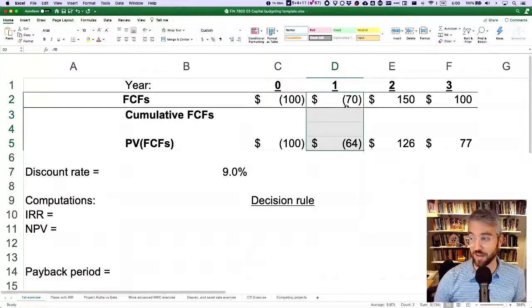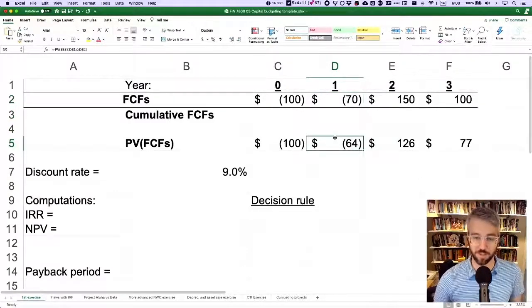And so the negative cash flow in year 1 of $70 million paid shows up still as a negative present value, but it's going to be a smaller negative present value because I don't mind as much paying that $70 million if I don't have to pay it until next year. Indeed, it only hurts me or costs me as much as it would for me to pay $64 million now.